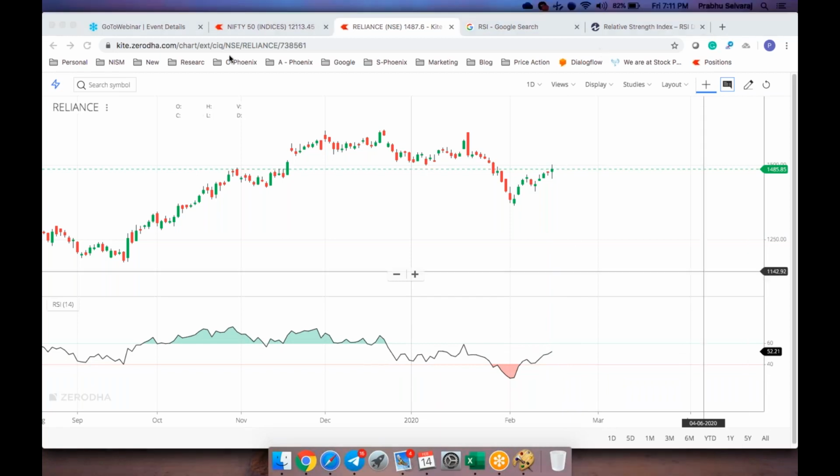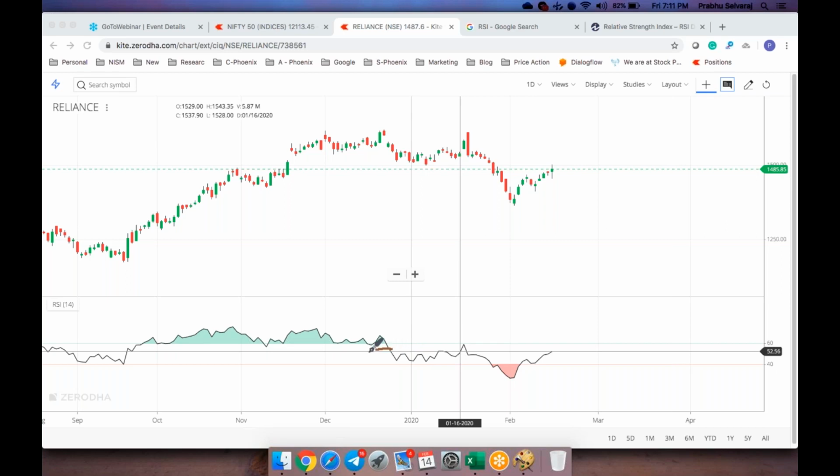So in this particular stock, Reliance, you should not be making any entry on any of these days. Whenever you see RSI between 40 and 60, it is to be considered a no trading zone. It's a pretty straight answer. No trading means no trading zone.